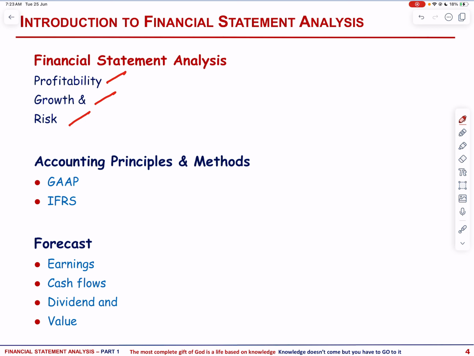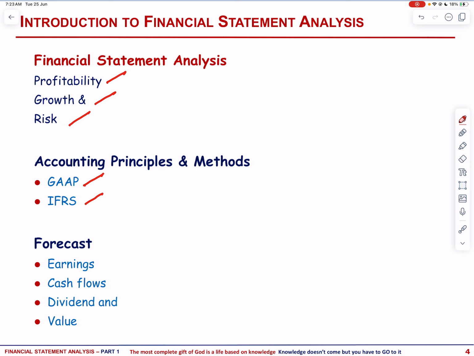In order to analyze the financial statement, one must have a good understanding of the accounting principles and methods that are stated in the GAAP, that is Generally Accepted Accounting Principles, and IFRS, that is International Financial Reporting Standards.